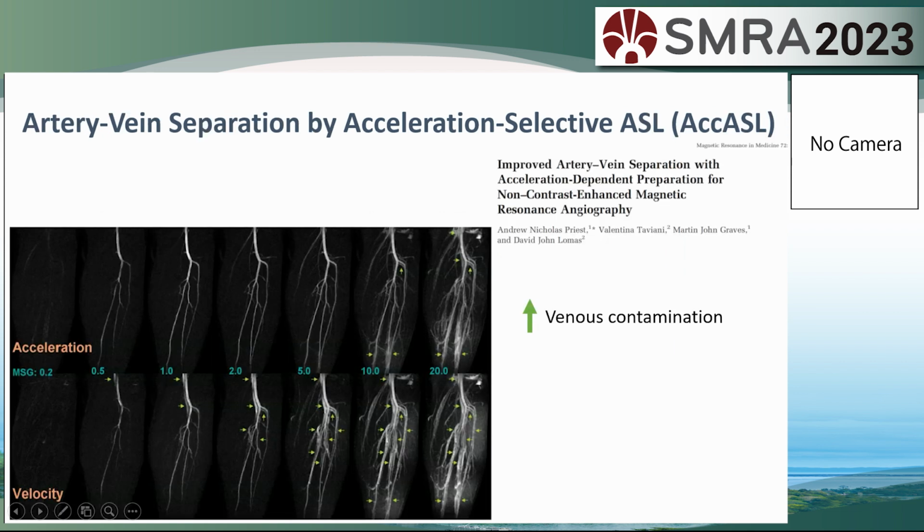So in this study, it shows a comparison of artery-vein separation based on velocity and acceleration. The velocity-dependent preparation resulted in quite an overlap of arterial and venous signals. However, the acceleration-dependent preparation was quite successful in providing complete separation over a wide range of flow sensitizations.